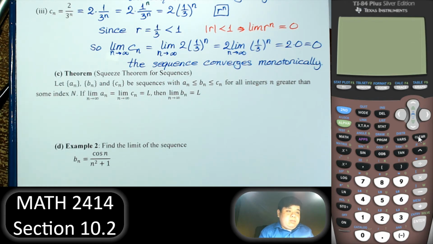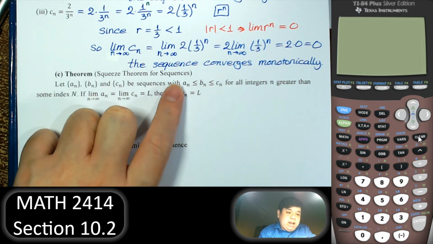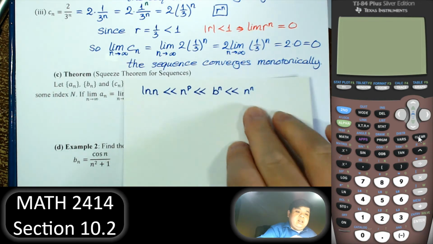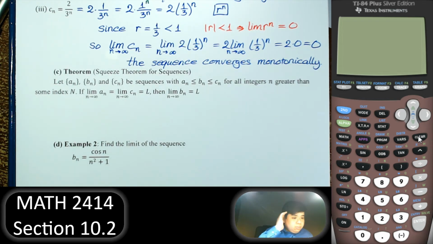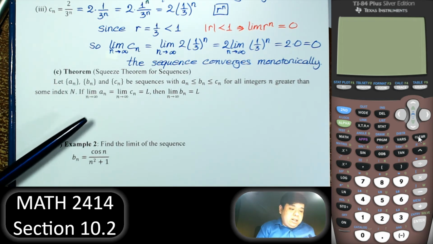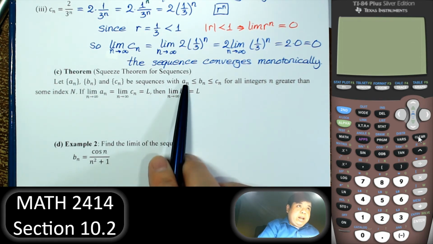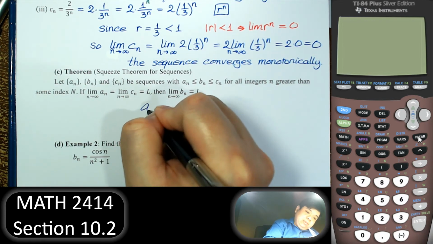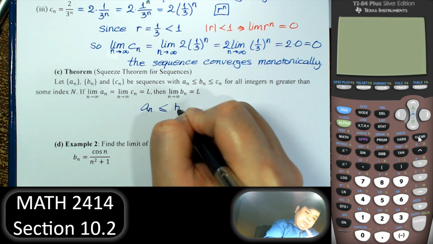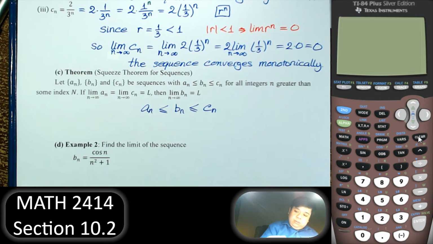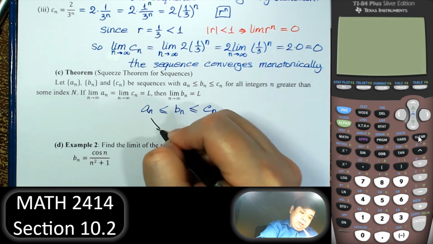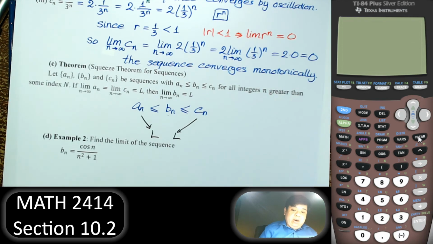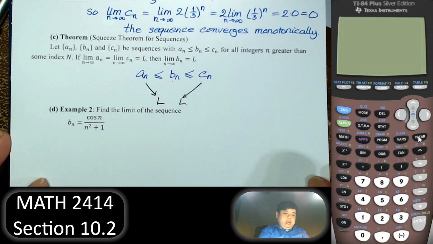If we have 3 sequences in order, a sub n less than or equal to b sub n less than or equal to c sub n, then if the left side goes to L and the right side goes to L, the middle has to go to L as well. So that's just like the Squeeze Theorem.